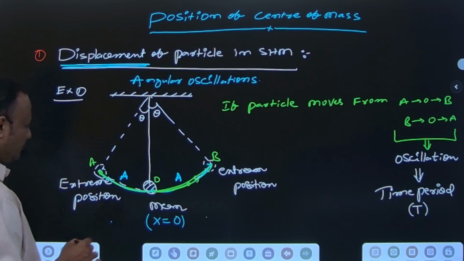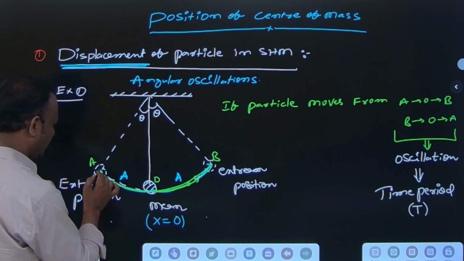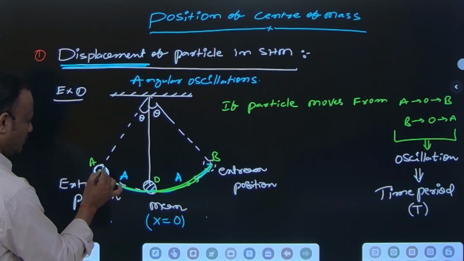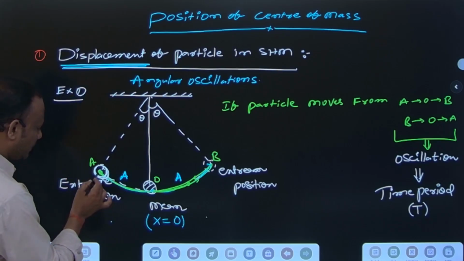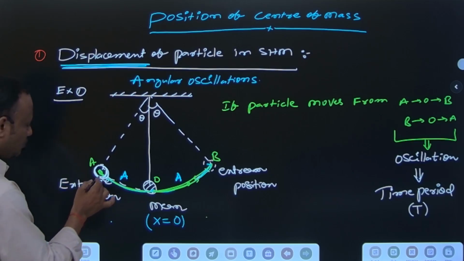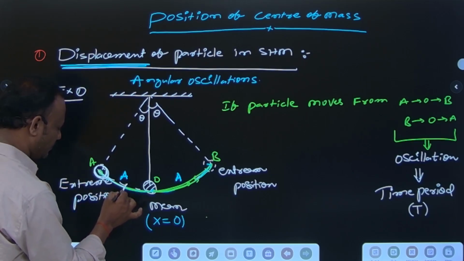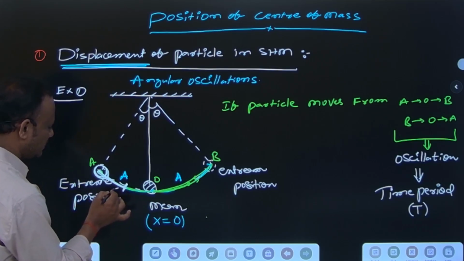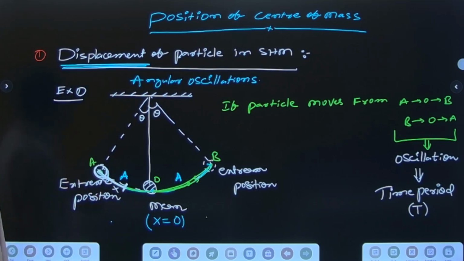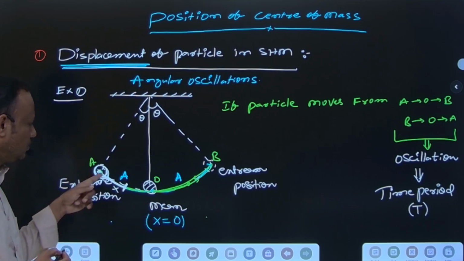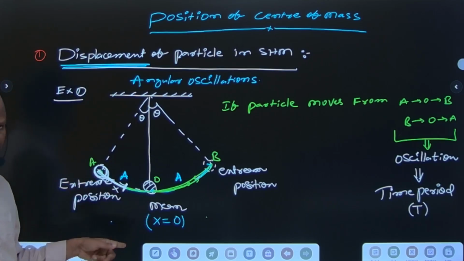So it started from, for example, here, from the extreme point. The distance it moved from the extreme may be from A to O, or half of that, or 1/4 of this, or anything like that.